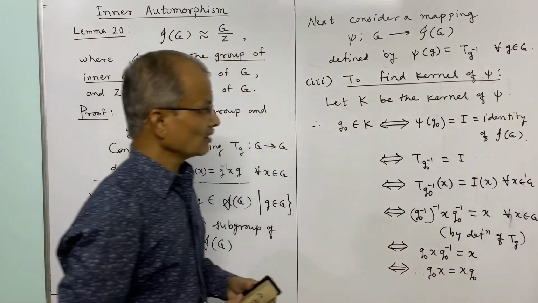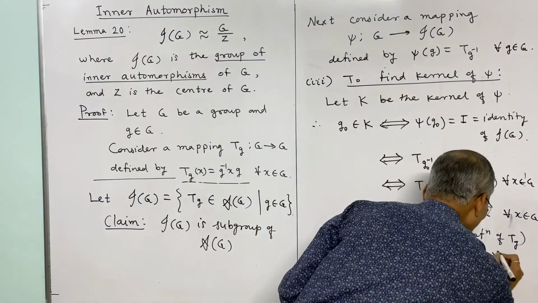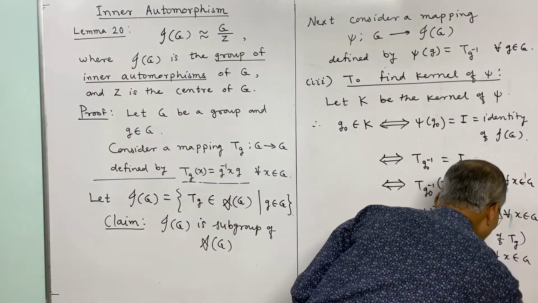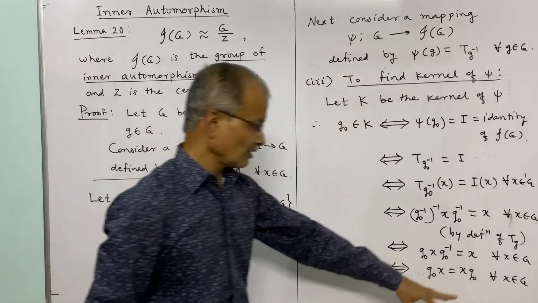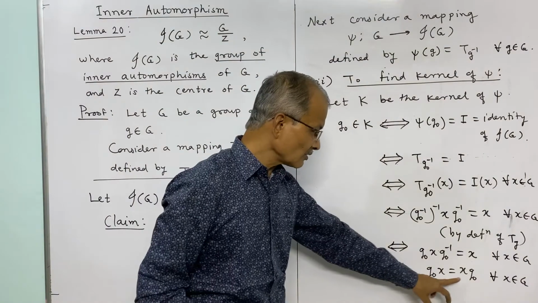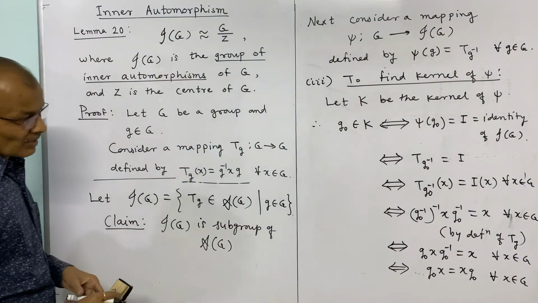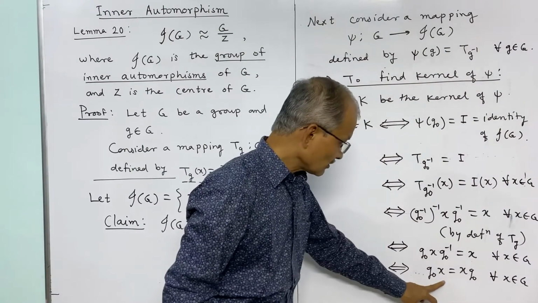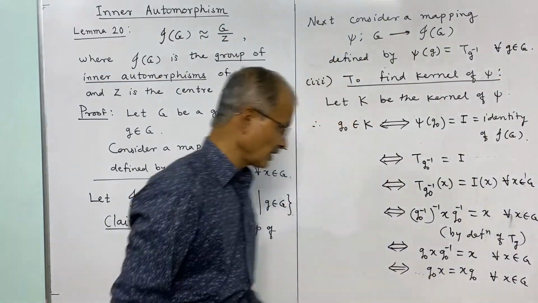X is in the group, and thus this also holds for all x belongs to G. So G0 x is equal to x G0 for all x belongs to G, meaning this x commutes with G0, or G0 commutes with every x.